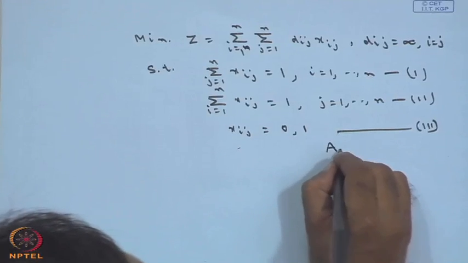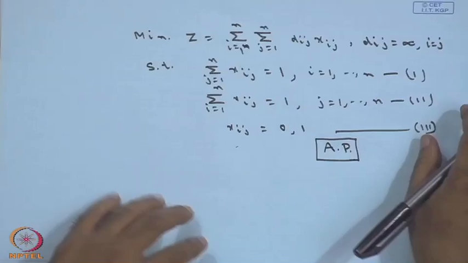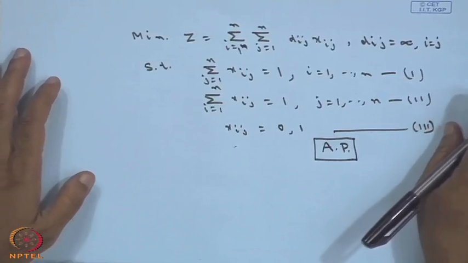In other words, if we can formulate a traveling salesman problem as minimize z equals summation over i equals 1 to n, summation over j equals 1 to n, c_ij x_ij d_ij, subject to constraints 1, 2, 3, we can solve it using the modified assignment problem.